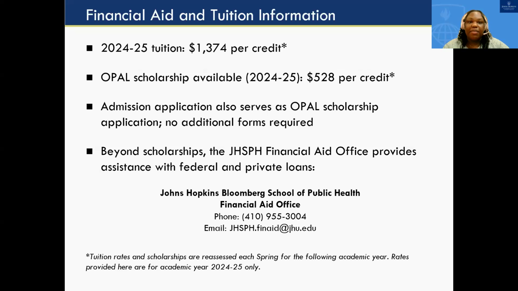Okay, so let's talk about tuition. The current tuition for this program is $1,374 per credit. Right now, we are offering an Opal or MES scholarship of $528 per credit. You don't have to apply for the scholarship.